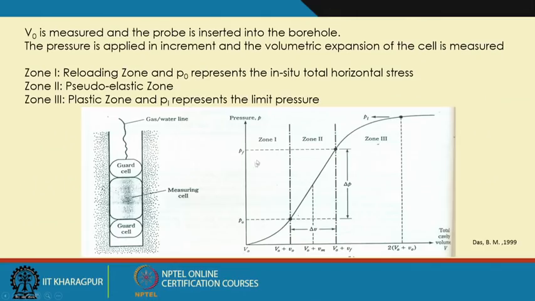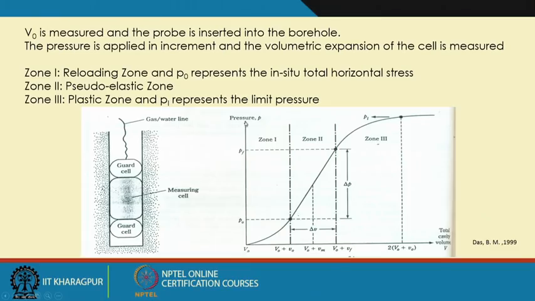After that we will get this type of curve finally. So this is the total cavity volume. Cavity volume is the borehole, or the cavity that is created. As we apply the deformation on the soil wall, the volume of the cavity, or the borehole, will increase.